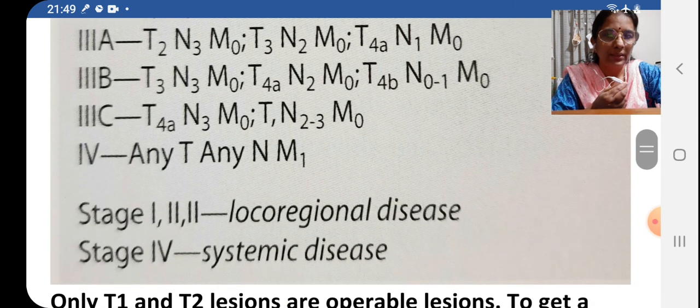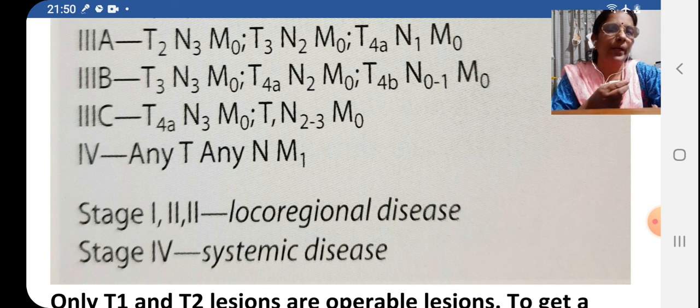So stage 1, 2 and 3, these are called locoregional disease, and stage 4 is systemic disease. Stage 4 is any type of tumor, any size of tumor, any nodal involvement, but there is metastasis to other regions. So that is stage 4.